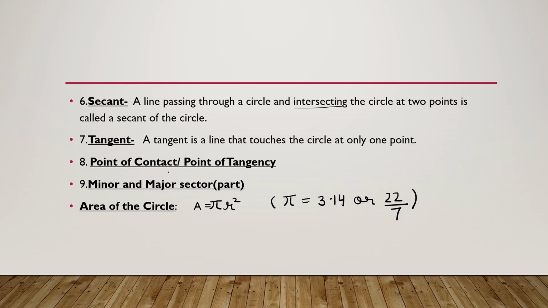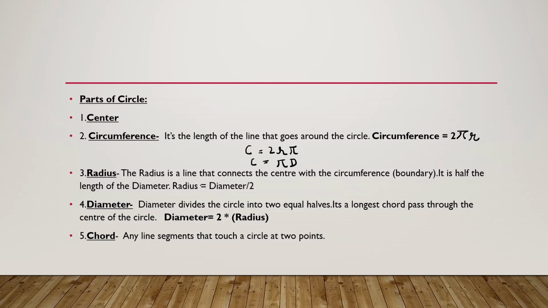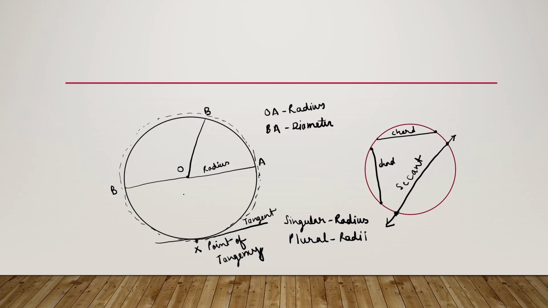Point of tangency and point of contact I just told you, minor and major sector of the circle. Suppose this circle is divided, and this area is called the minor sector. Minor sector means minor part of the circle.